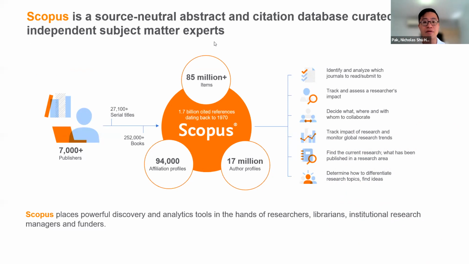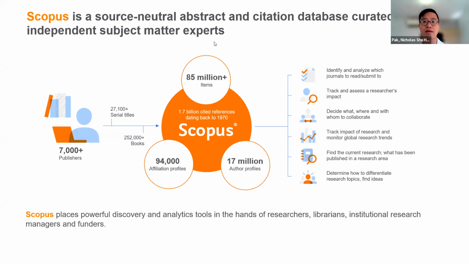So we're able to have discoverability and analytics tools at the hands of researchers, librarians, and institutional research managers and funders. You're able to identify and analyze which journals you want to read and to submit to. You're able to track and assess a researcher's impact. You're able to decide what, where, and with whom you may want to collaborate and to work with.